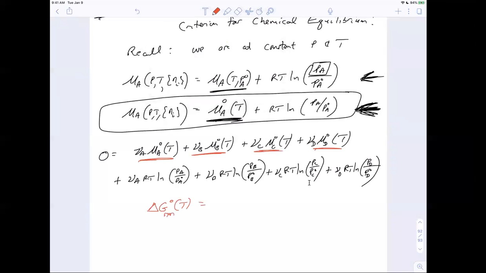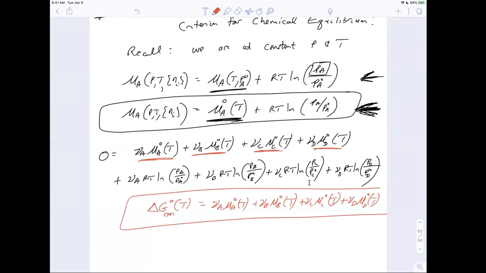Okay, and that's going to equal nu sub A mu sub A plus nu sub B mu sub B plus nu sub C mu sub C plus nu sub D mu sub D. Okay, so we're just going to define it that way. That's just by definition, so we don't have to keep writing all those four terms. So that's your reference state or standard state delta G of reaction.